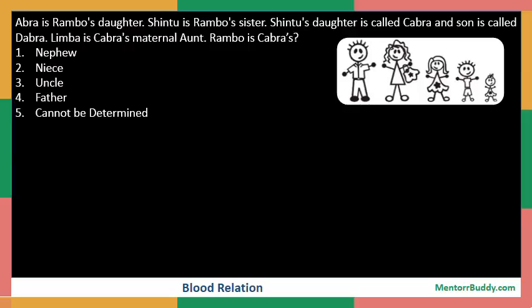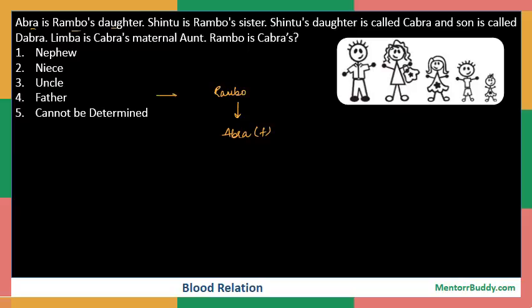As it is given that Abra is Rambo's daughter. Now please understand, if Abra is Rambo's daughter, she is going to be a female, and therefore I put Rambo in a different generation.